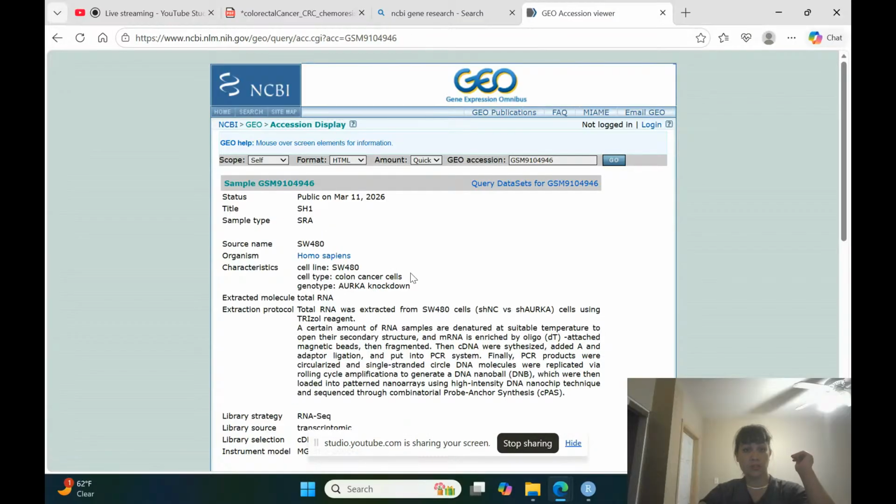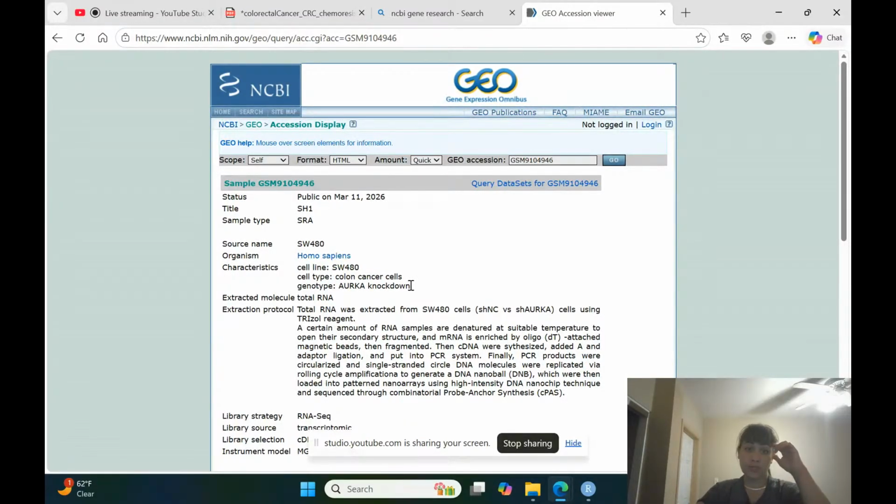SH1 colon cancer cells, and this one is the ARCA knockdown. They're proving that if they take out ARCA, in vitro will have more ferroptosis effects, showing that cholesterol metabolism is good and chemotherapy is working in colorectal cancer.